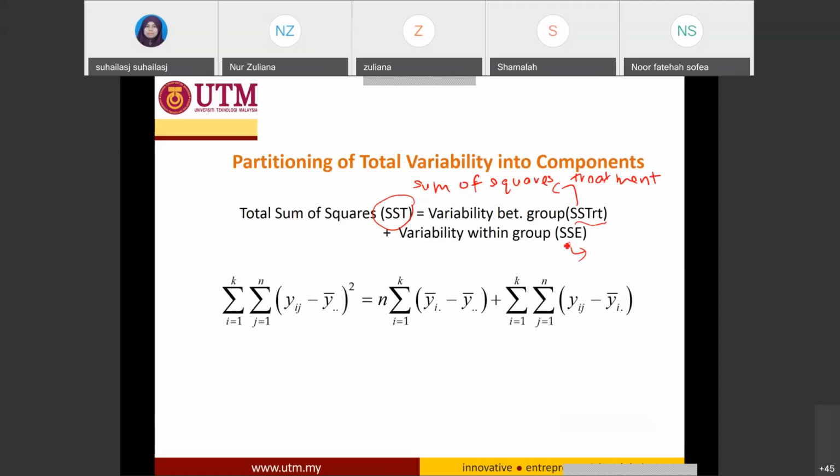Variability within groups is the sum of squares of your error, SSE.